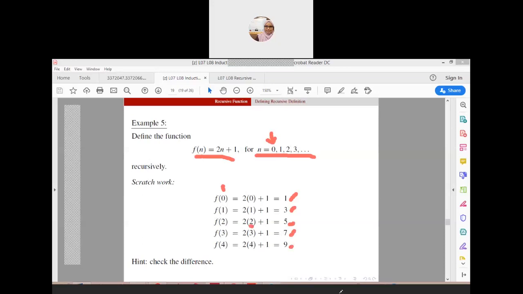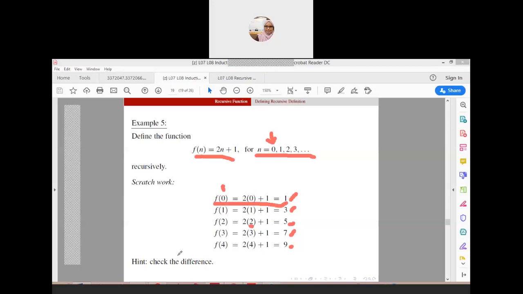Okay, so now how can we get the basis step and recursive step? So now we know that our basis step is f(0) = 1. This will become our first basis step.